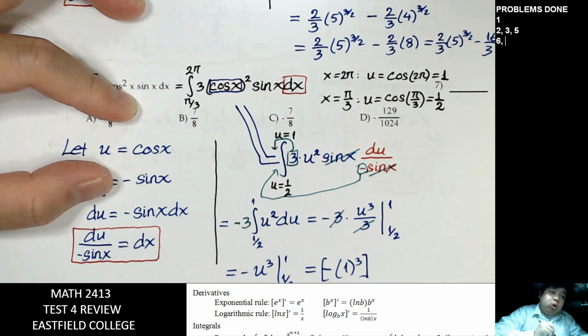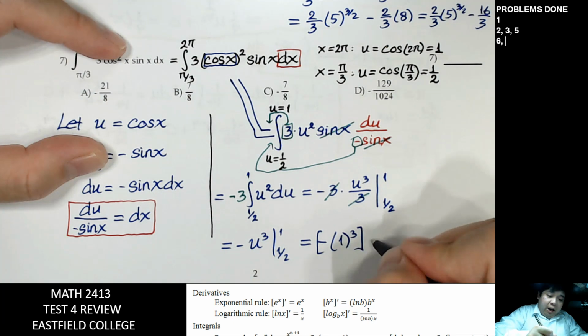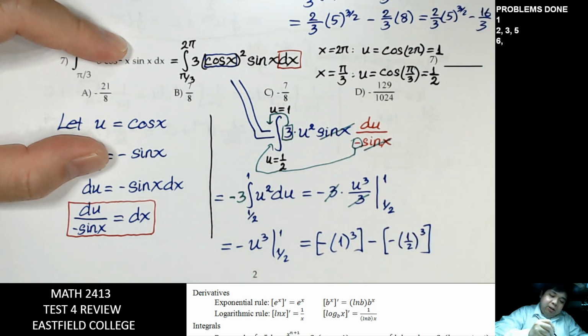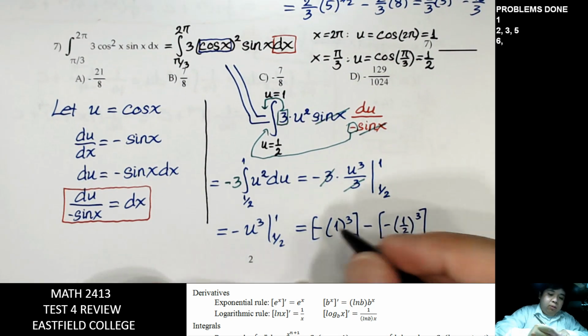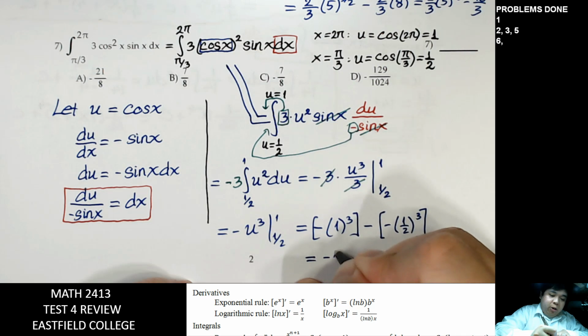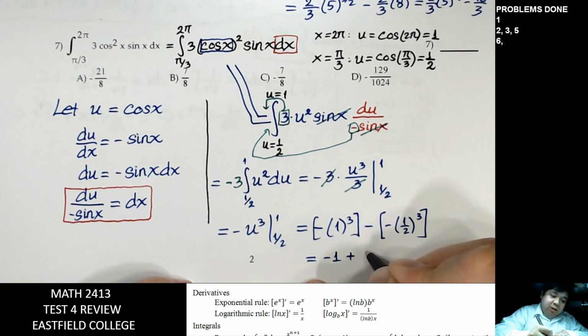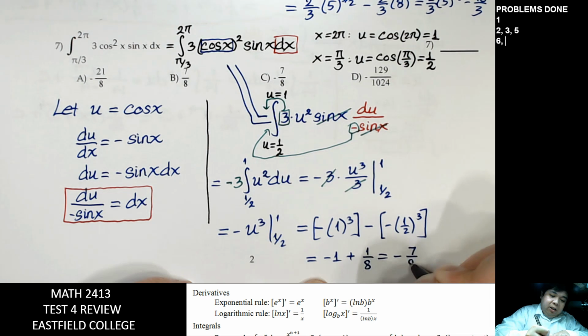So that's where we put 1 in, and then we're going to put 1/2 in. So that's still -1. 1/2 cubed is 1/8 minus a negative. So we have -7/8.